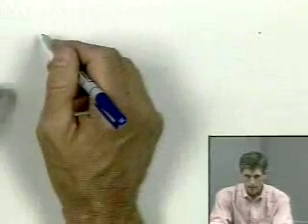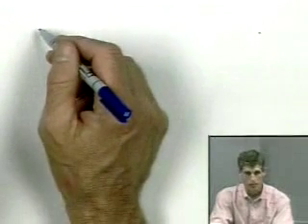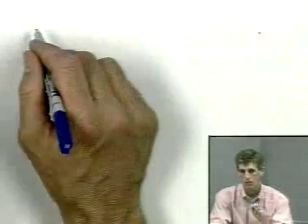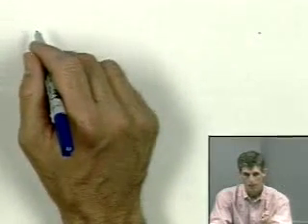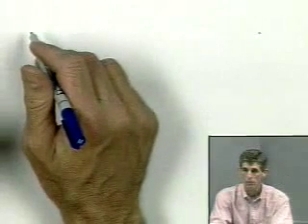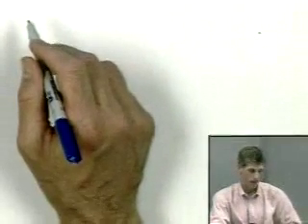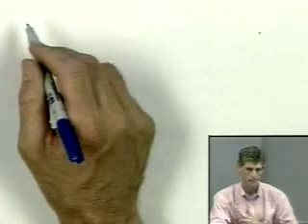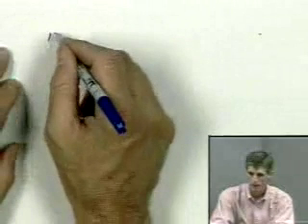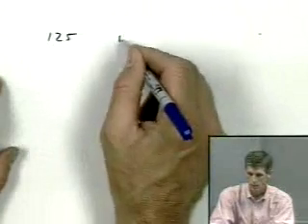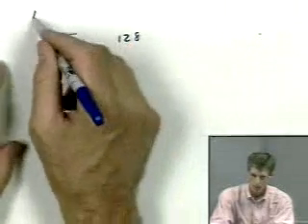Now, next, let's do still one cost driver, but instead of direct labor hours, let's do machine hours. And this appears on the top of page 39-4. So we have 125 and 128, and this is for machine hours.